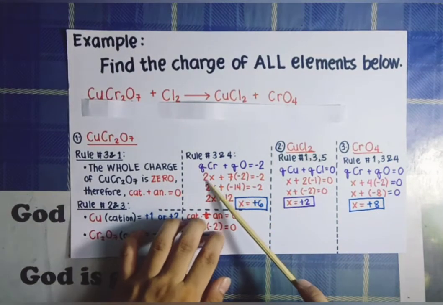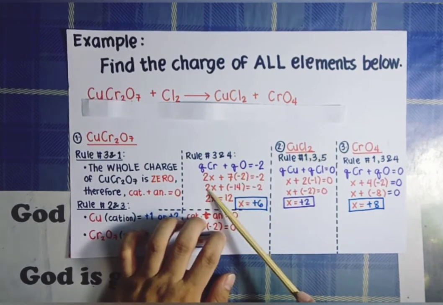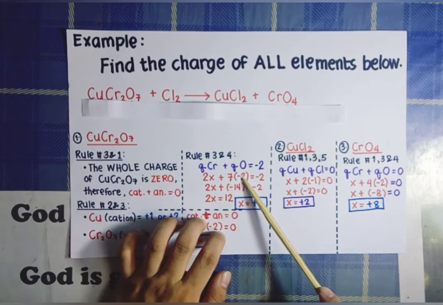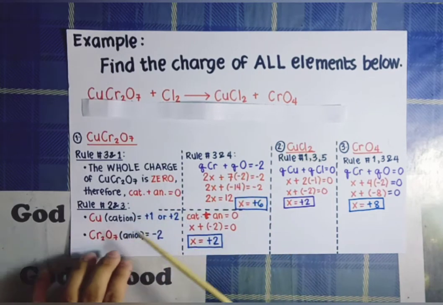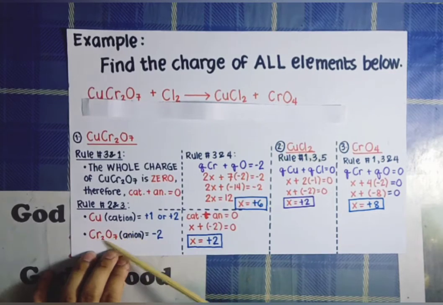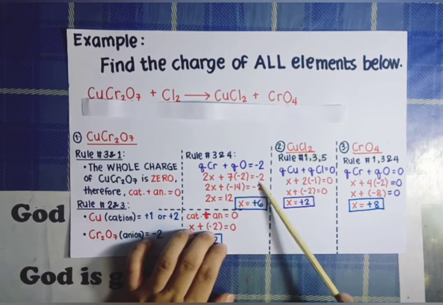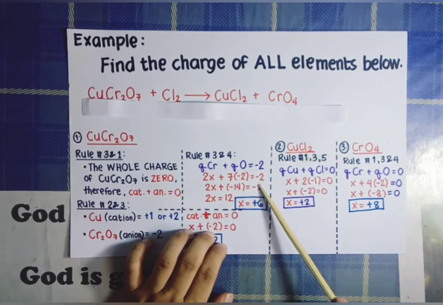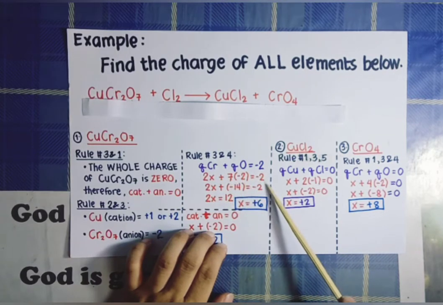That's why we multiplied it by 7. By simplifying this equation, we will have 2x plus negative 14, that's actually 7 times negative 2, is equal to negative 2. Again, negative 2 is the whole charge of the Cr2O7 ion. By simplifying further, we will have 2x is equal to 12. We actually transposed this 14 here.